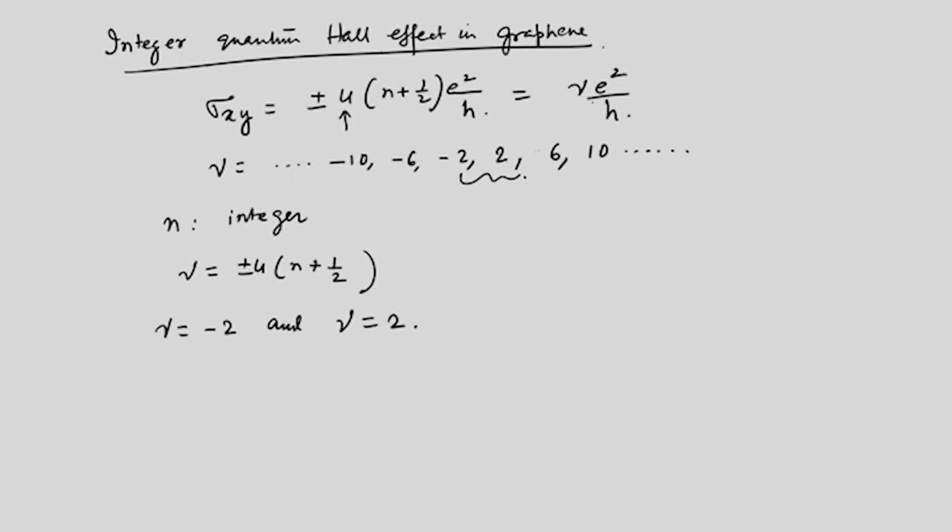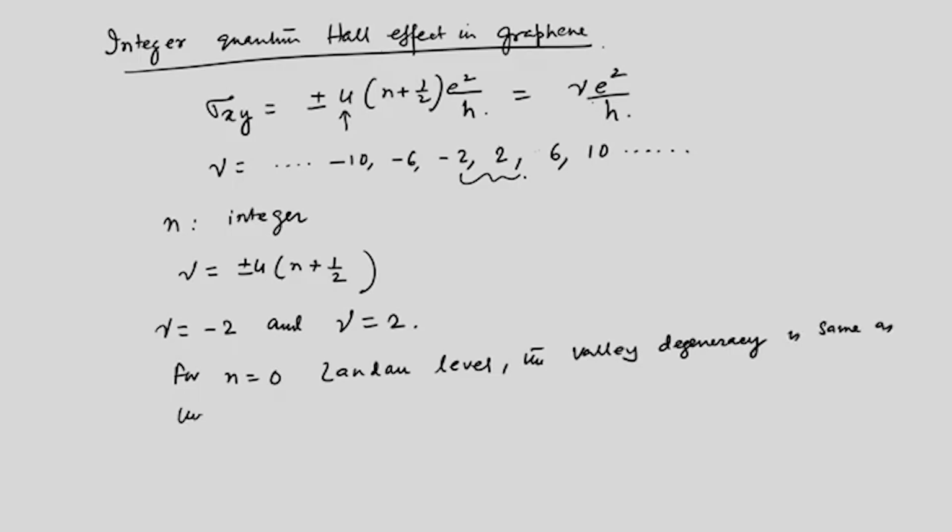For the n equal to 0 Landau level, the valley degeneracy, which is called isospin at times, and the sublattice degeneracy, called pseudospin, are the same.